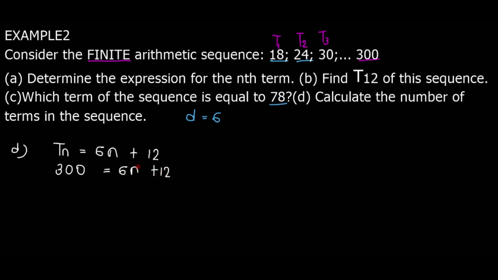Remember that we solve for n, the number of terms. 300 is our last term. So if we know that the last term is in term number what, then we will know how many terms there are. Let's say, for example, these people are in a queue.